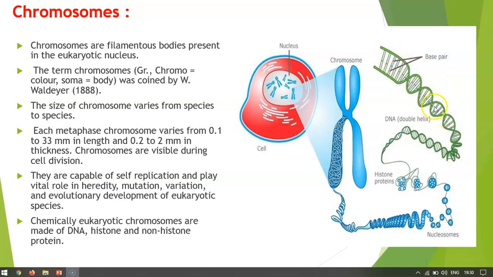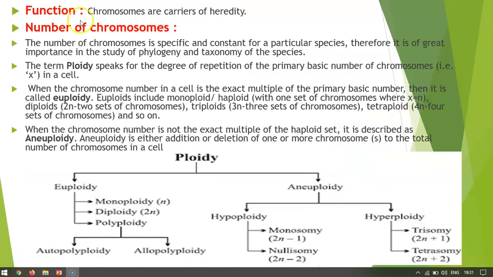Now, genes are located here on your DNA, which are responsible for the inheritance of the trait. The most important point to remember here is you can see the structure of a chromosome only at the time of cell division. The function of a chromosome: chromosomes are carriers of heredity.